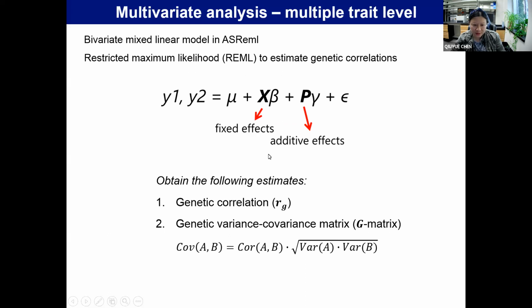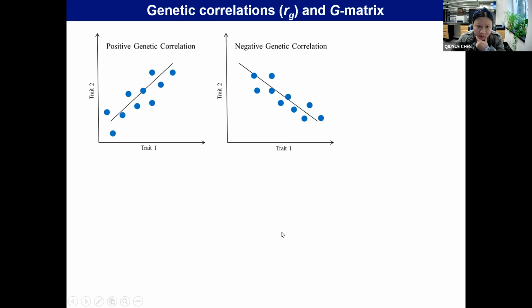By solving this model, we can obtain the additive genetic correlation between traits, and we can also obtain the genetic variance-covariance matrix, which is short for G matrix. These two diagrams show examples of positive and negative genetic correlation between two traits.